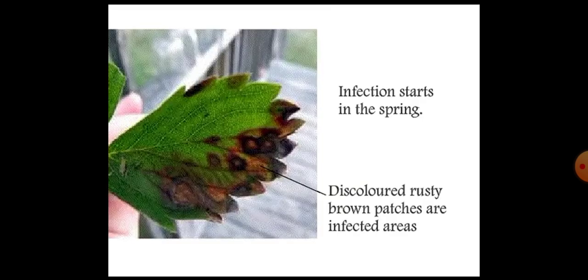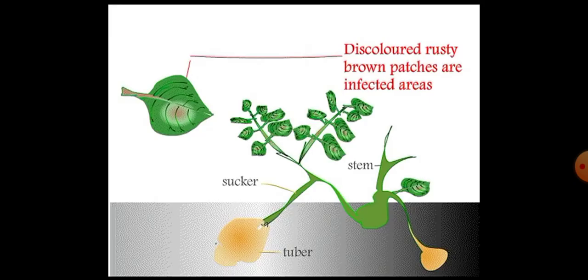The hyphae which grow into the intercellular spaces to suck nutrients from the cells are called haustoria.